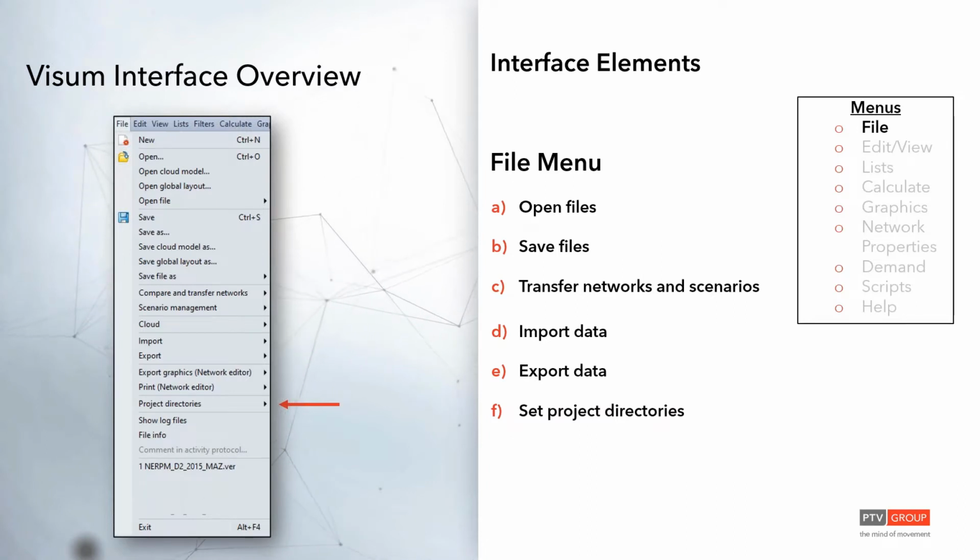In Visum, you may define paths for various purposes, and if you define project directories, then your paths start from wherever you define your project directory. So that becomes a root directory for various purposes, and for different things, you can define different project directories. We will come to this when we talk about running the NERPMAB model and how you go about this.